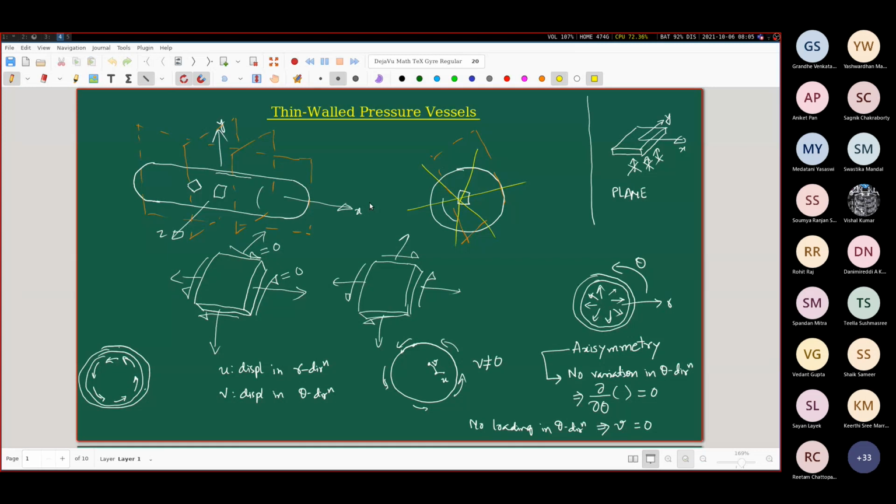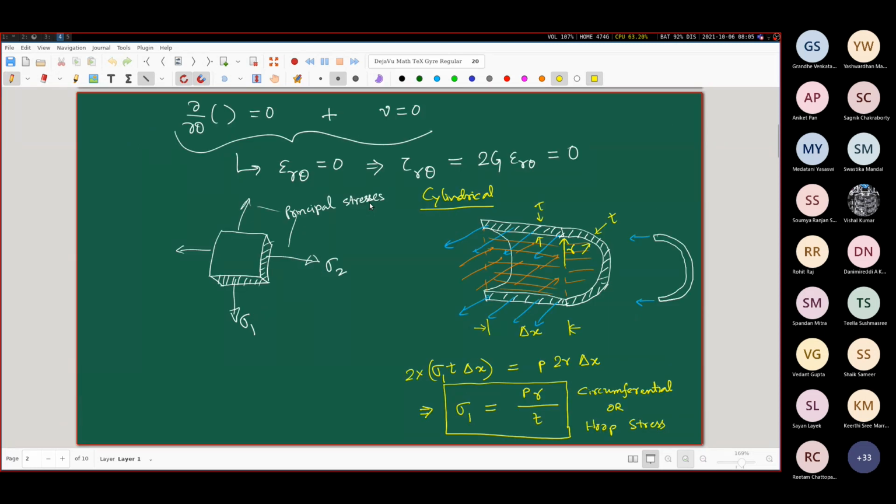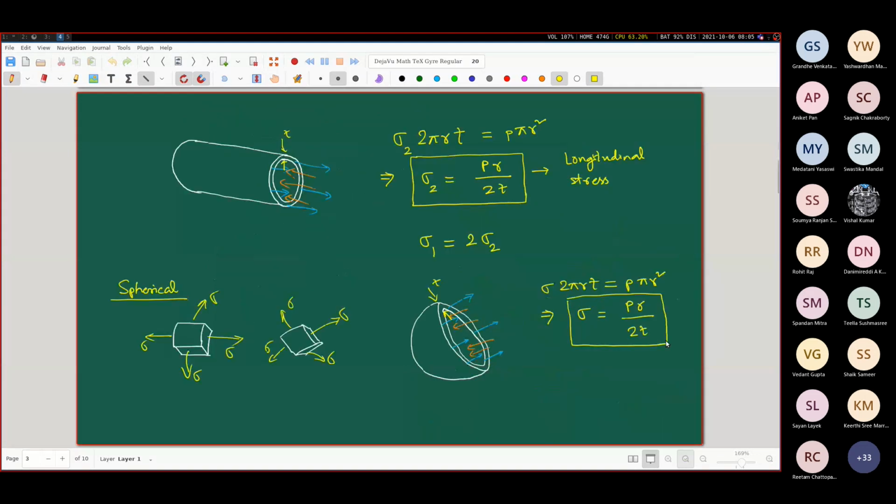And then we had talked about this condition of axis symmetry, and we had noted the two formulas for stresses, sigma 1 equal to PR by T that we obtained for the circumferential or the hoop stress, and sigma 2 equal to PR by twice T, which is for the longitudinal stress.